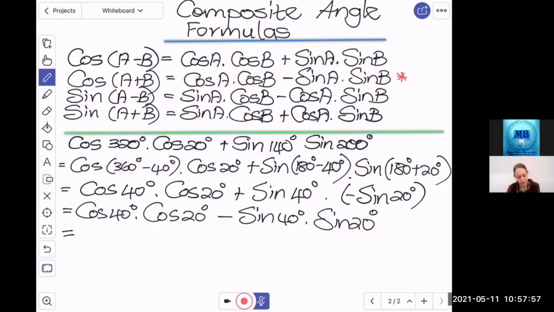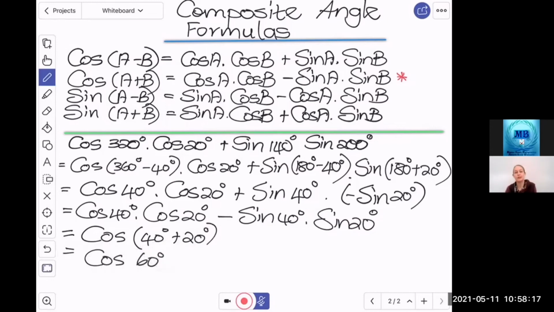So in this instance, we want to express it as cosine of A plus B. And if we express it in that sense, the two angles we are working with are 40 and 20. So it will be 40 degrees plus 20 degrees, which gives us the cosine of 60 degrees.